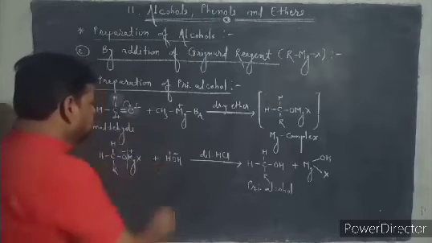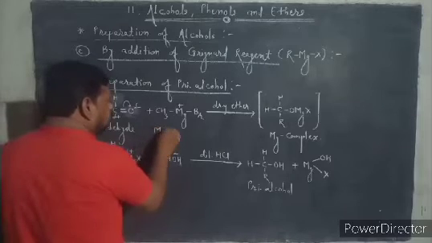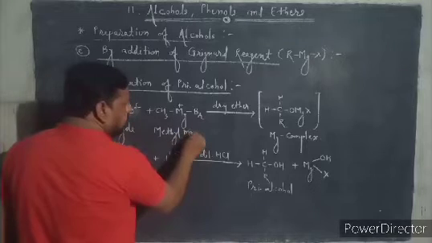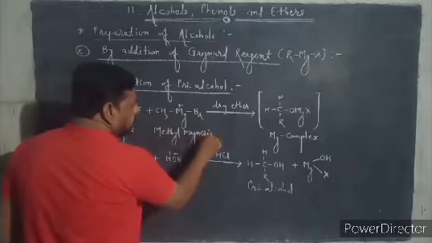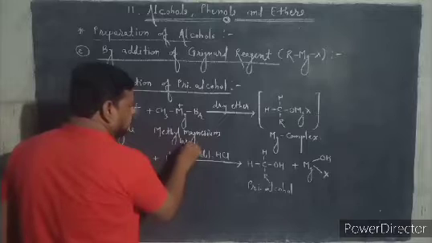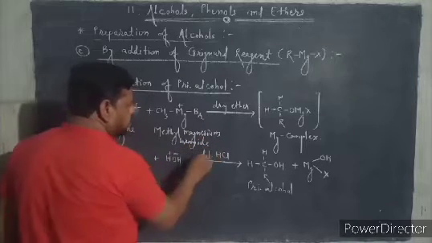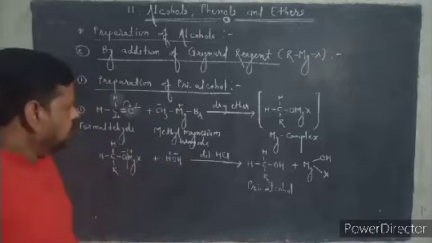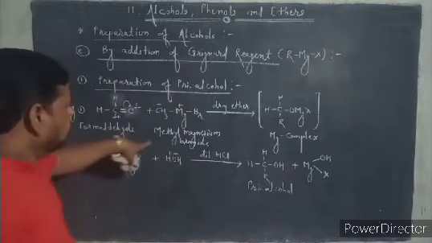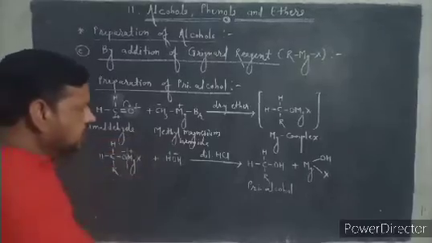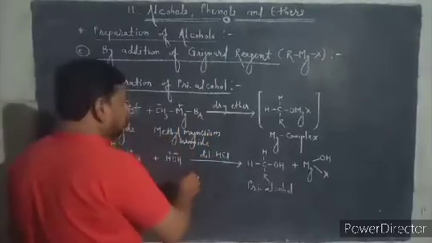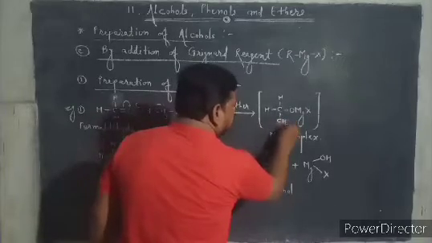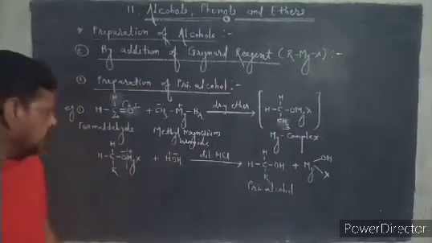This is the methyl magnesium bromide. What will happen? This formaldehyde reacts with methyl magnesium bromide in presence of dry ether. Then it gives the magnesium complex in this way. Okay.